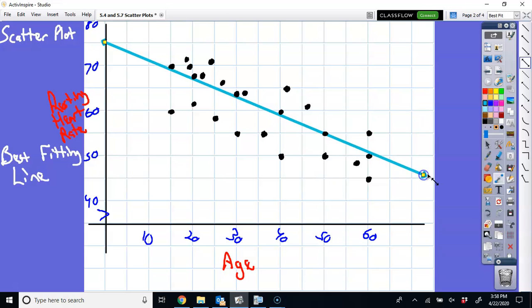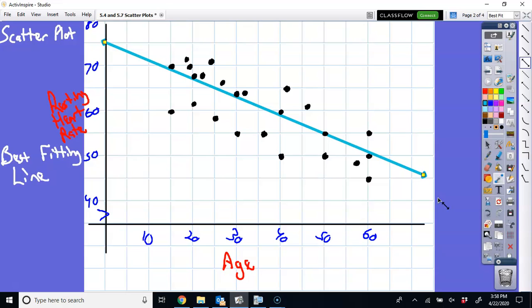Now, is that perfect? No, I wouldn't say that's perfect. But it's a pretty good approximation of what the points are doing. It follows the slope, and it's through the middle of the points. You've got some of the points on the left side of the line, some on the right. You've got some above the line and some below, if you want to think of it that way. But it fits the best. That is the best fitting line.